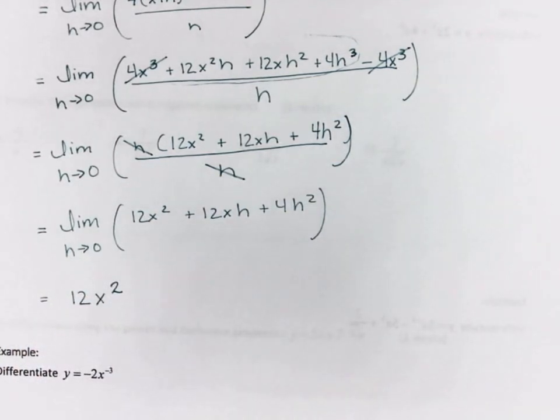Which was an awful lot of work, and we got the exact same answer using the quick rules. You just got to remember them. And all of these basic ones, I believe, are on your formula sheet. Like all of these are listed on there.